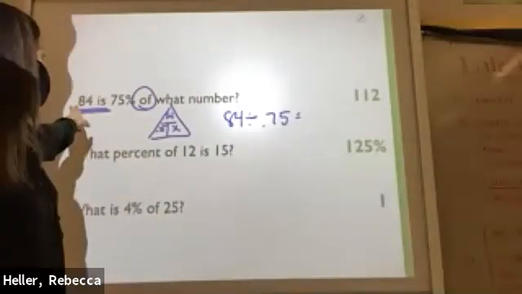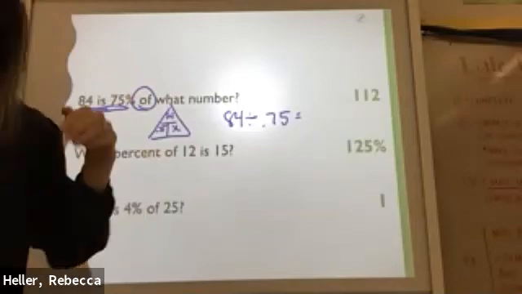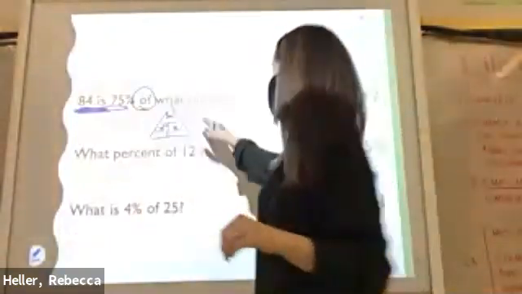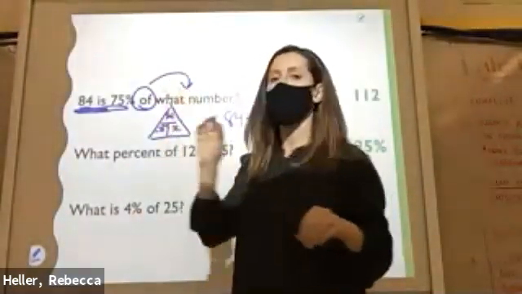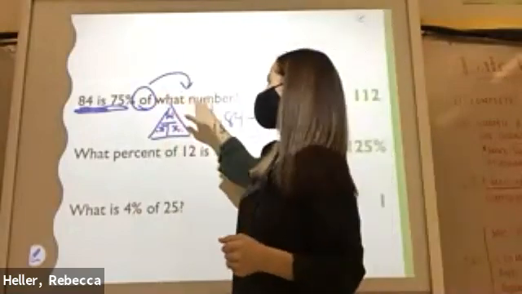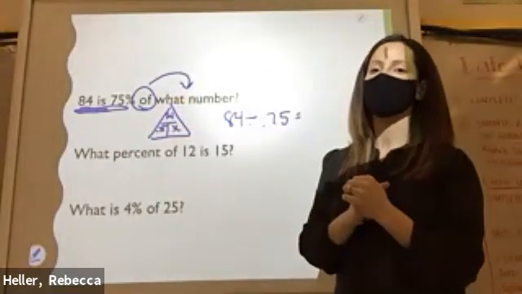But since it says 84 is 75%, that means 84 is the part. Okay, so the key to look for is whatever comes after the word of is the whole. So we don't know the whole, so that's why we would have to divide for that one.